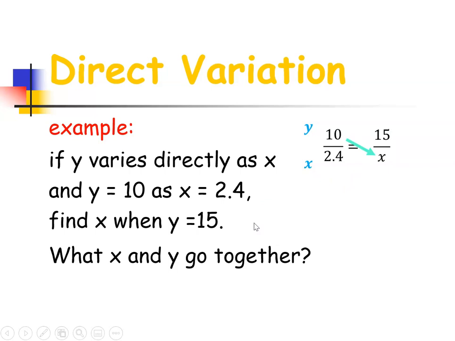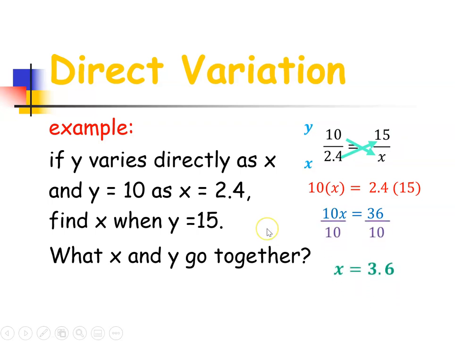We want our letter on the left, right? Then I'm going to do the 2.4 times 15. So I get 10x equals 36. When a number and a letter are right next to each other, what are they doing? They are multiplying. How do we get rid of multiply? With divide. So x would equal 3.6. It's going to be a pretty decimal or a fraction, okay, guys? So just make sure you notice that.